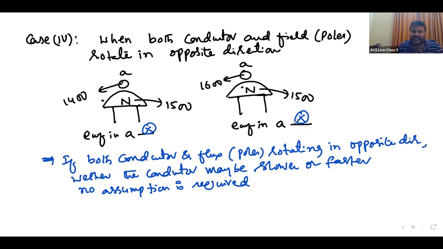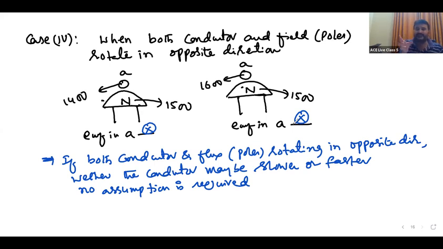And where does this case take place? Induction motor or synchronous machine, everywhere. Negative sequence field: the rotor is rotating clockwise, the conductor is rotating clockwise, and the negative sequence field may rotate in the counterclockwise direction. Correct?